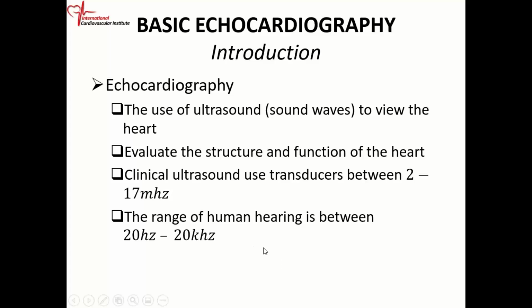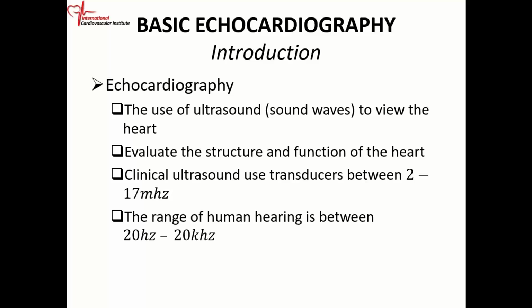When we look at human hearing, we have a range which we hear between 20 hertz and 20,000 hertz. So that's the range of human hearing. Those are frequencies that we can hear, 20 hertz to 20,000 hertz.